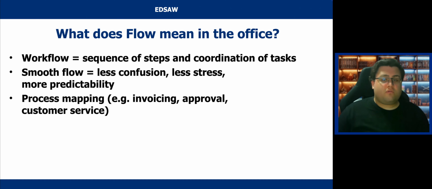To achieve such flow, we first need to map out processes, perhaps using simple diagrams, and then these show where work is unnecessarily piling up and where improvements can be made. Flow means that the work goes from point A to point B without obstacles, quickly, clearly, and efficiently.